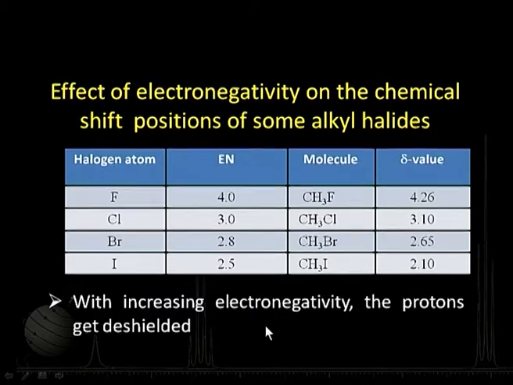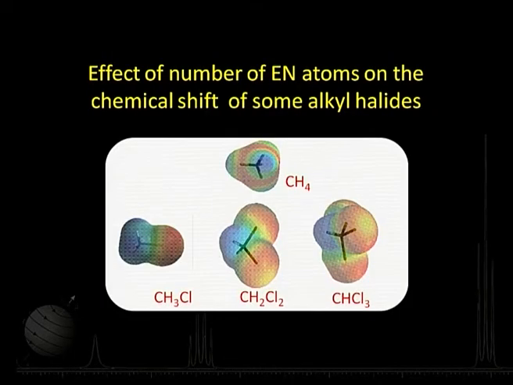Now, sometimes the number of electronegative atoms increases. What happens to the charge separation there? Look at this. This is my CH4 methane molecule, which we have seen earlier. Now, if I take CH3Cl, chloromethane, we find there is a charge separation: this is negative, this is positive. But if there are 2 chlorine atoms or 3 of them, the charge separation increases.